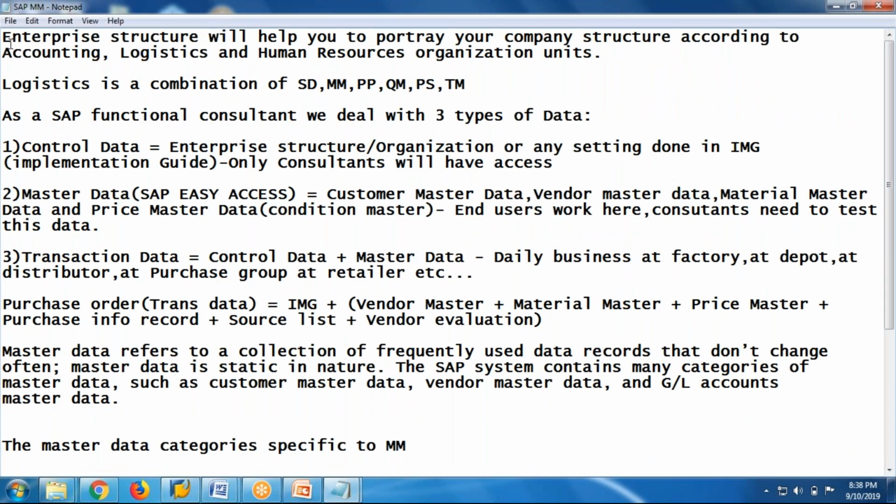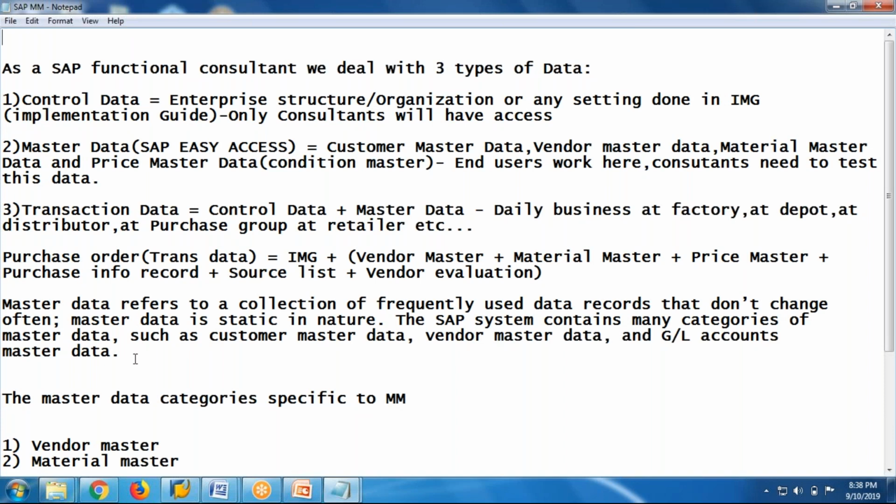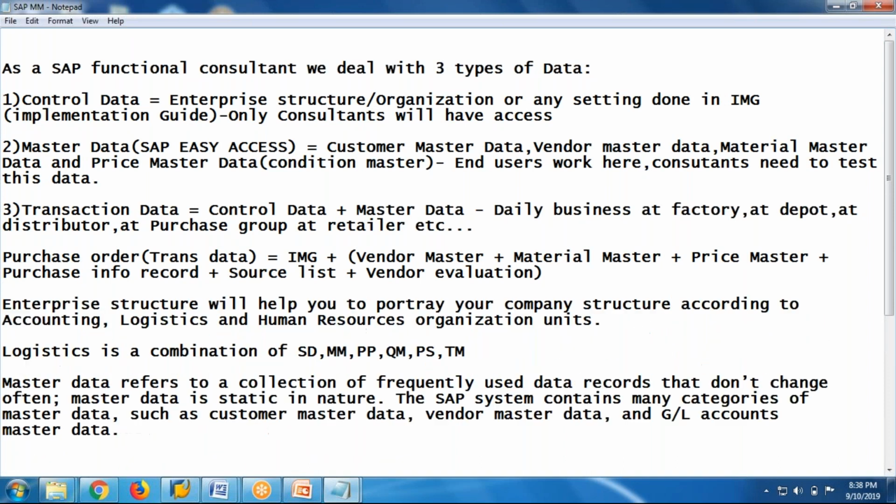So here, note on this definition. Enterprise structure will help you to portray your company structure according to accounting, logistics, and HR organization units.